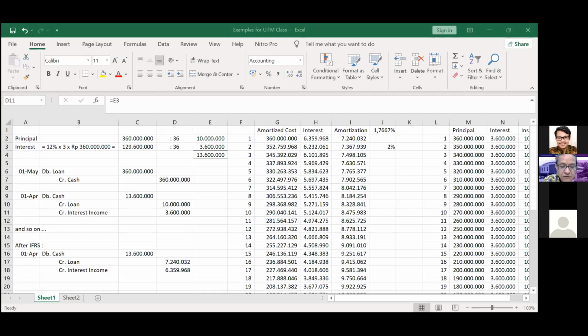This will be recognized 1 year after the loan is extended. But after IFRS 9, since 1 January 2020, we have to make an anticipation for this. This will happen 1 year after this. We have an anticipation of that.